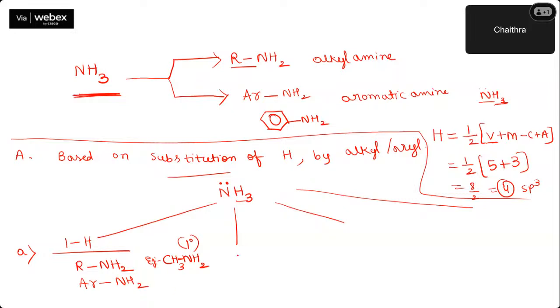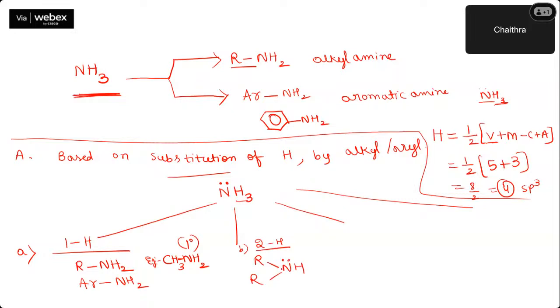Okay. Now, here, you replace 2 hydrogens by R group. Now second case, I'm replacing 2 hydrogens. So I'll remove 2 hydrogens and attach R group. What will be left out here if I replace 2 hydrogens? Only 1 hydrogen, right? I'll get it like this. On nitrogen, a lone pair will be there.